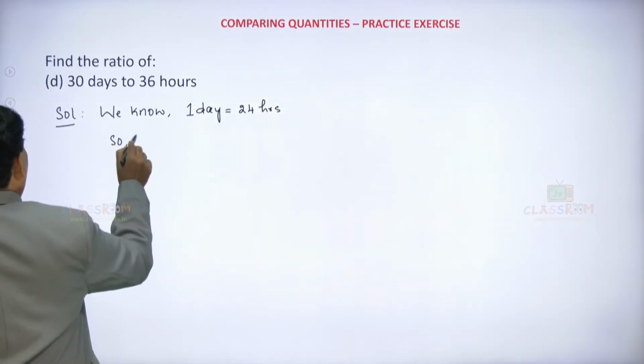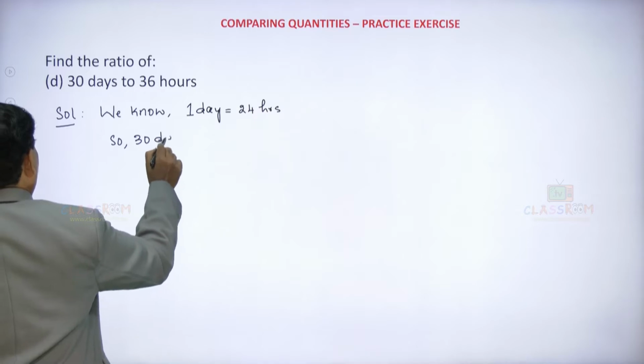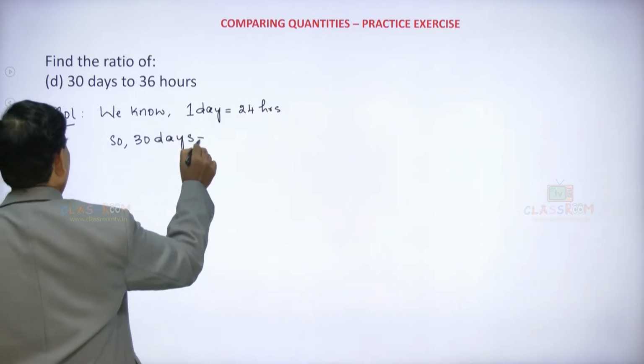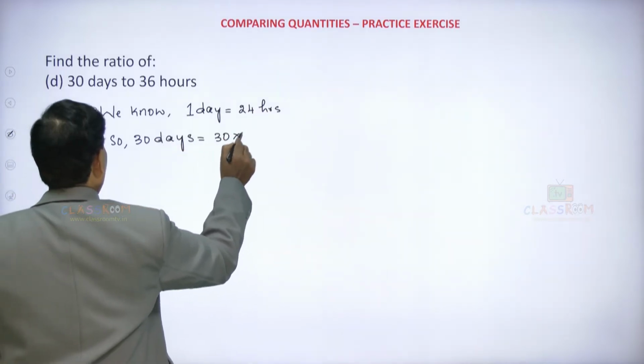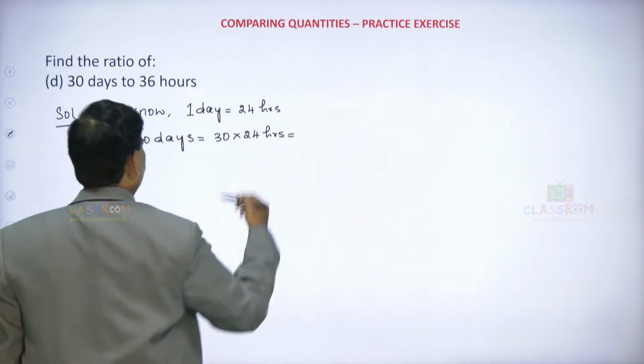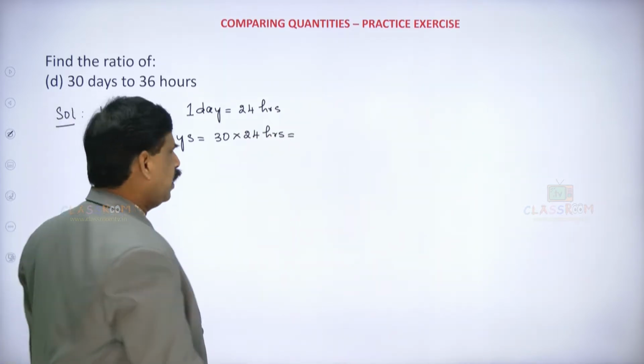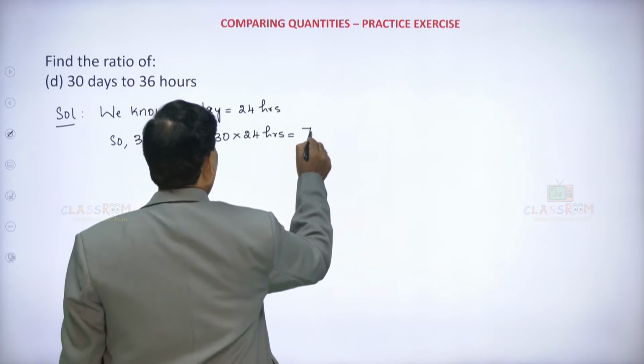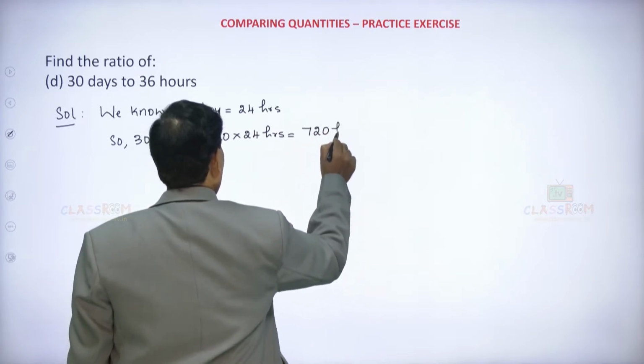So 30 days is equal to 30 into 24 hours. So 24 threes are 72. So this is 720 hours.